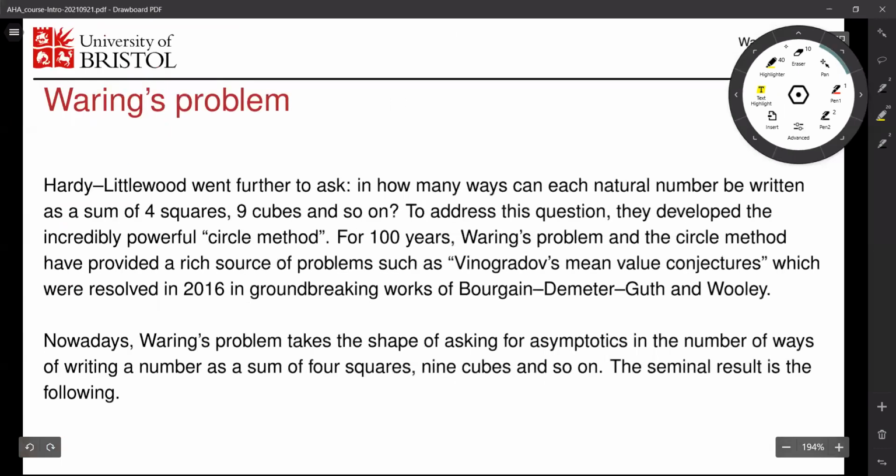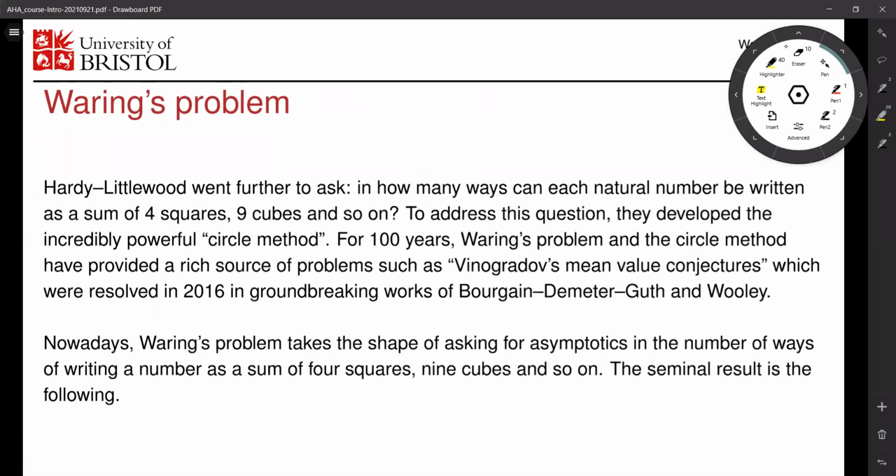Luckily, Hardy and Littlewood considered this a bit more. And they actually asked how many ways you can represent each number as a sum of 4 squares or 5 squares or so on, or 9 cubes, or 10th powers, and so on. And in doing so, Hilbert's methods were very algebraic.